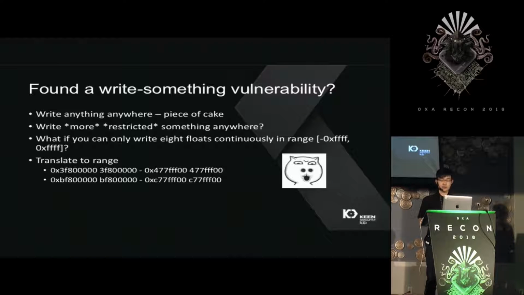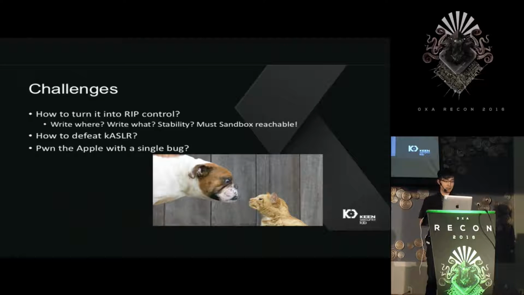With this vulnerability, how can you achieve reliable exploitation? How do you turn it into RIP control? We have to ask ourselves, where do we write, and what do we write? And how can we ensure stability, especially for competitions like Pwn2Own? And we must make the exploitation technique reachable in the sandbox.